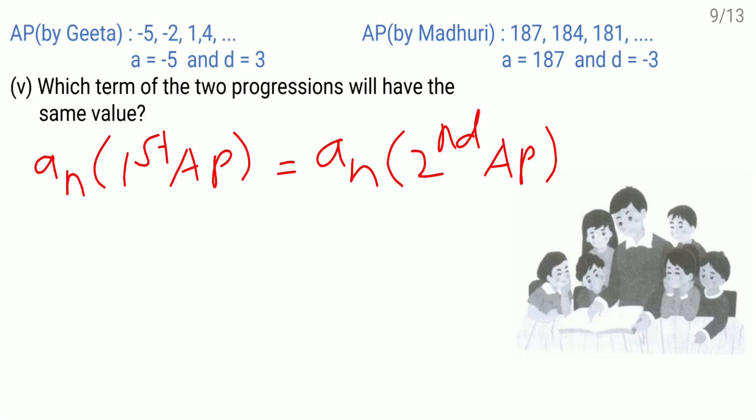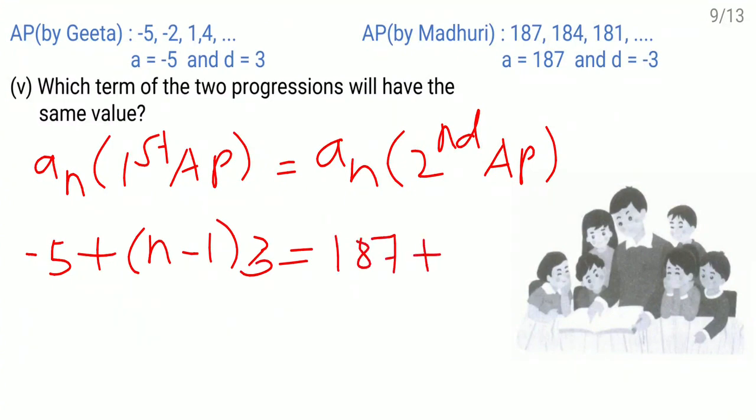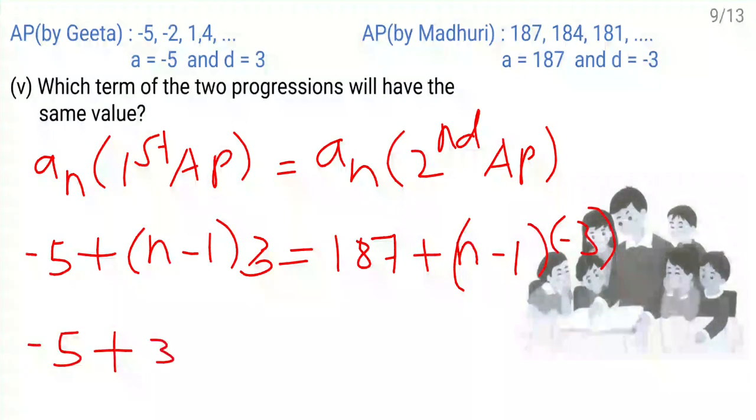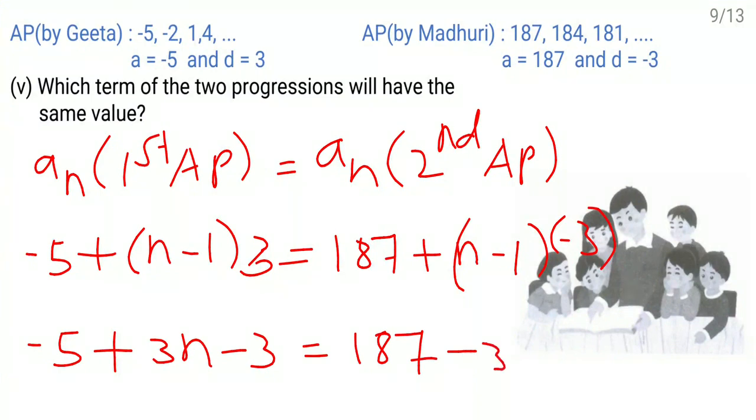So here in the formula A is minus 5 plus n minus 1 and D is 3, which is equal to A is 187 here plus n minus 1 and here D is minus 3, remember here minus 3. So this is minus 5 plus 3n minus 3, which is equal to 187 plus, now minus 3 into n, it will be minus 3n. Minus 3 into minus 1 is plus 3.